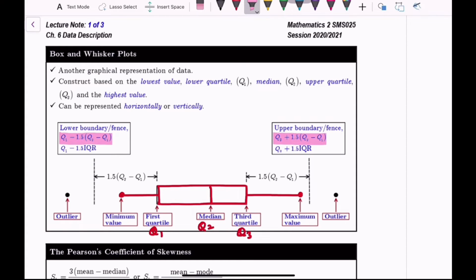If we have a value bigger than the upper boundary, we call this an outlier. And if we have a value lower than the lower boundary, we also call this an outlier.